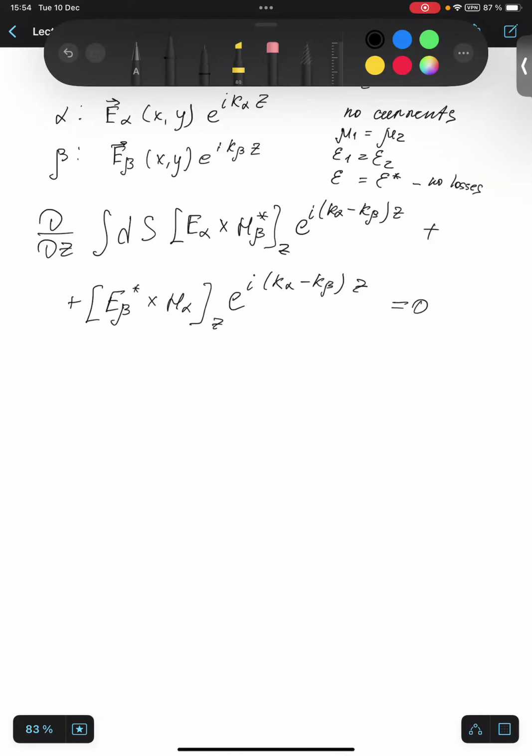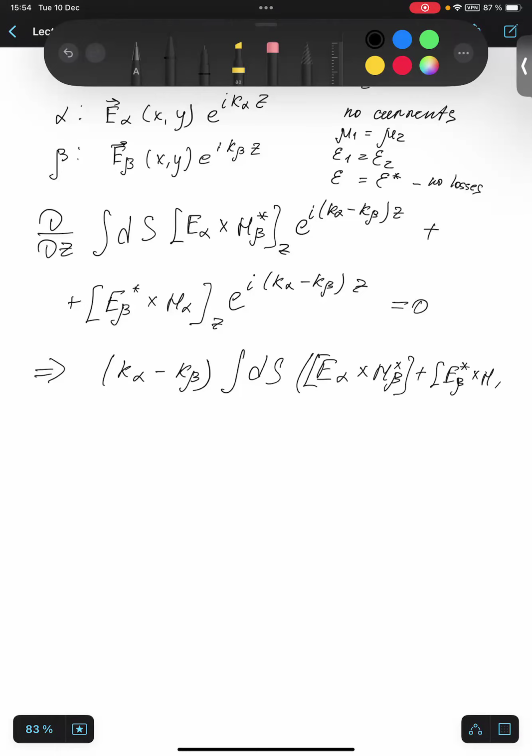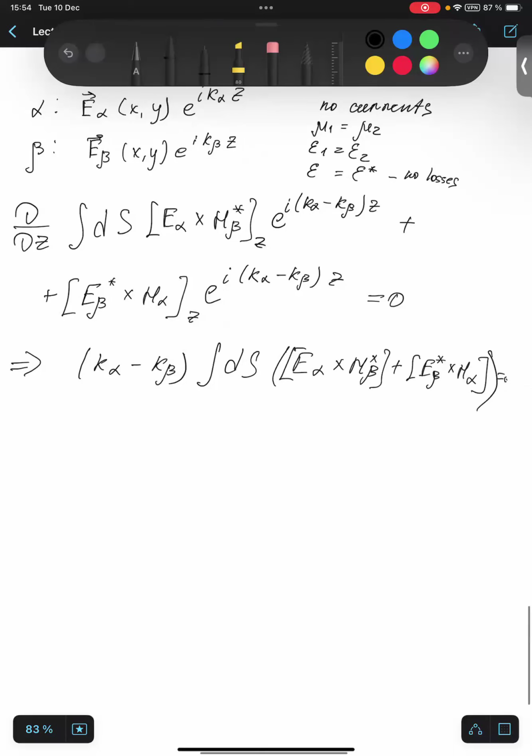So we can calculate the derivative, and finally here we obtain (K alpha minus K beta) integral ds of E alpha H beta conjugated plus E beta conjugated H alpha, also equal to 0.